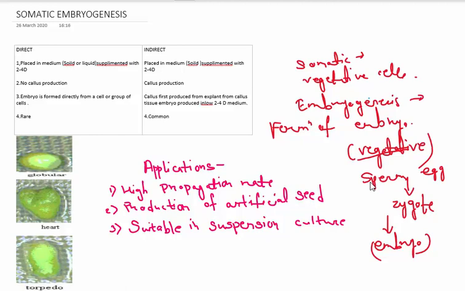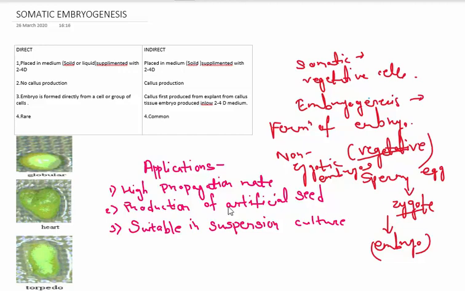developmental pathway that leads to the formation of, here in this case we can say, non-zygotic embryos. Correct? I just said the zygotic embryos develop from fertilized egg and that produce the zygote, whereas the non-zygotic embryo develop from cells other than zygote.